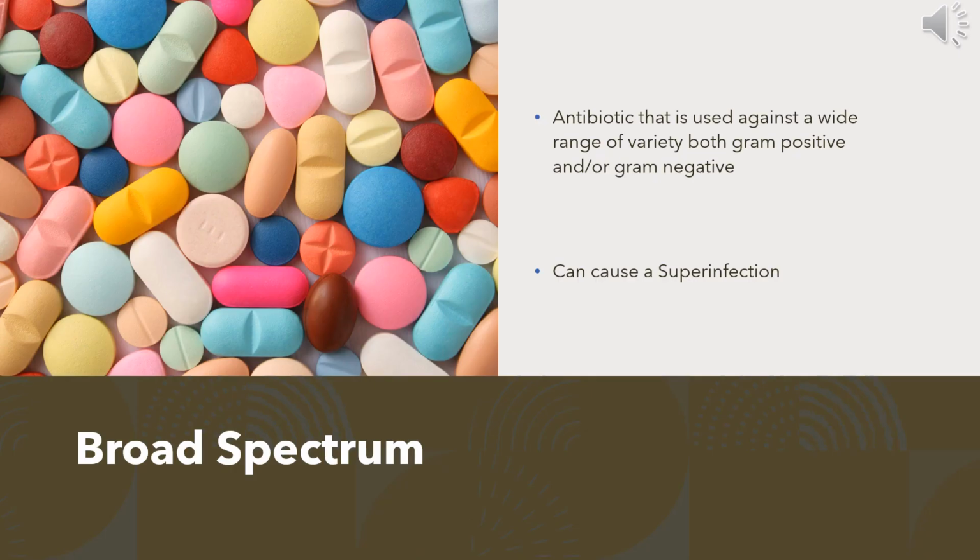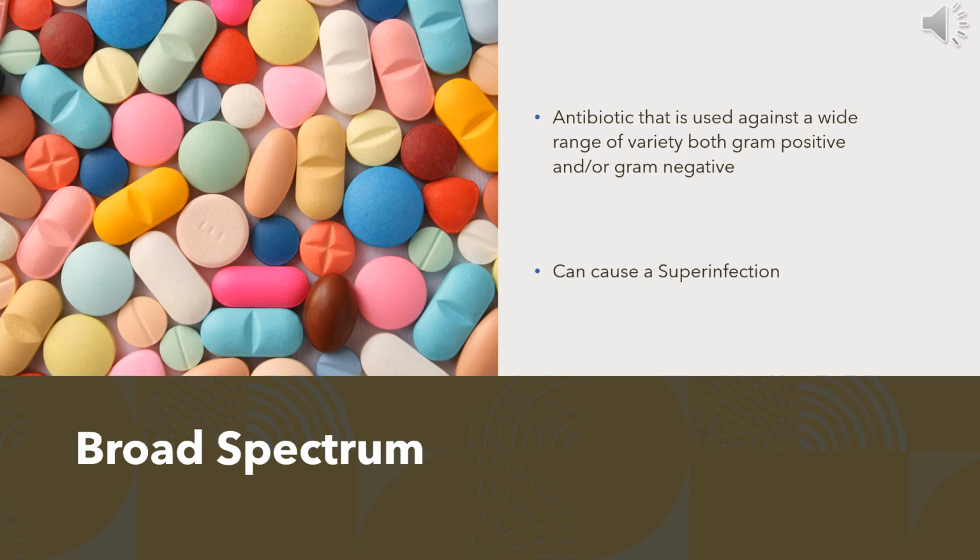Going in the complete opposite direction from narrow is broad. Broad spectrum is an antibiotic that is used against a wide variety, both gram positive and gram negative. It can cause superinfection. There are a couple of negative things like the superinfection. This is going to be used if time is an issue of life or death for the patient.